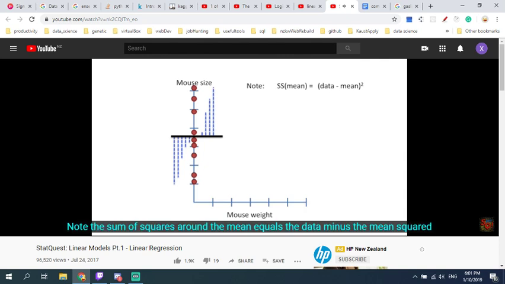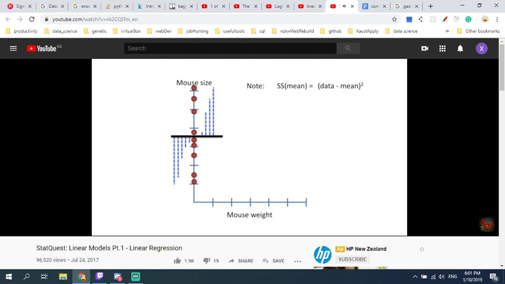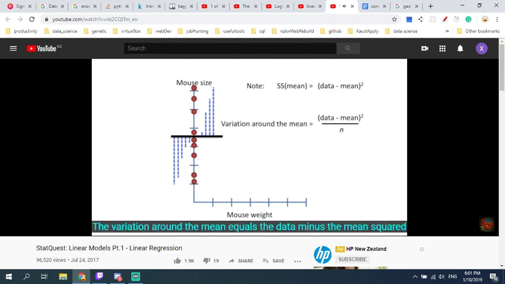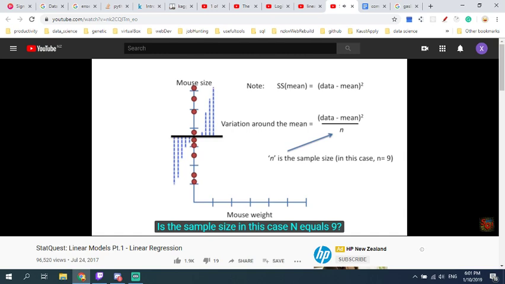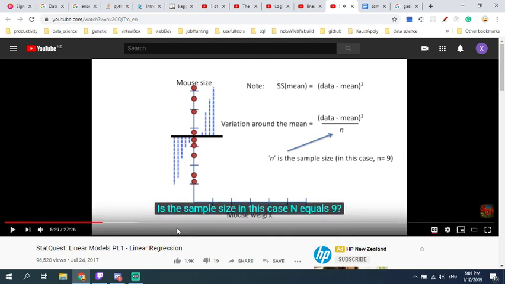Note, the sum of squares around the mean equals the data minus the mean squared. The variation around the mean equals the data minus the mean squared divided by n. N is the sample size. In this case, n equals 9.